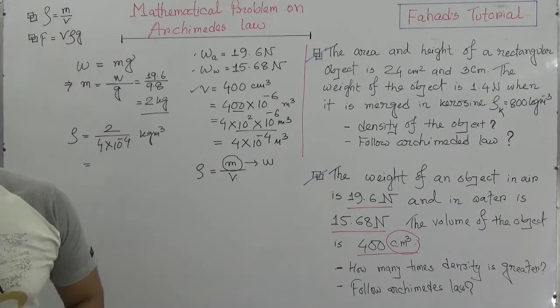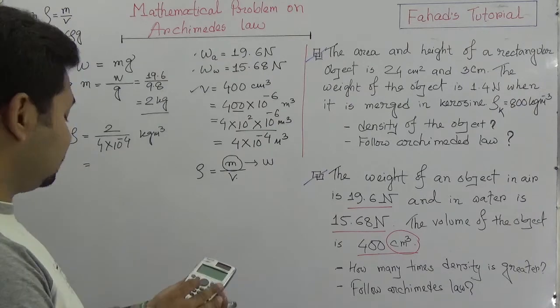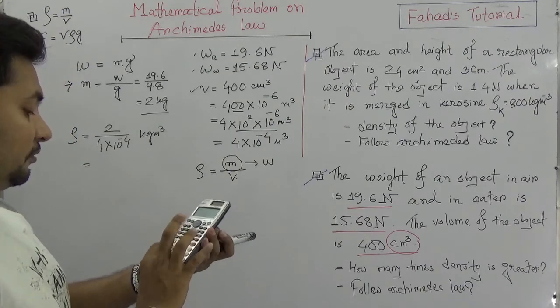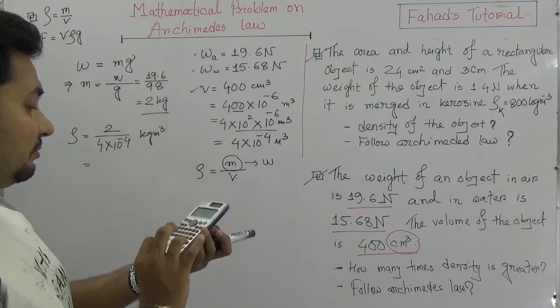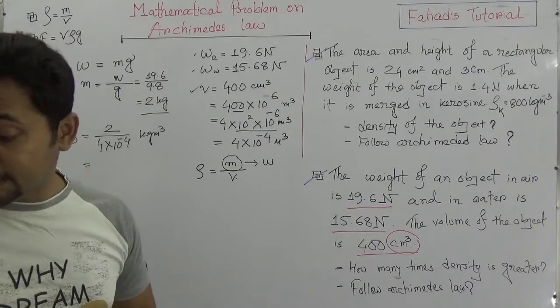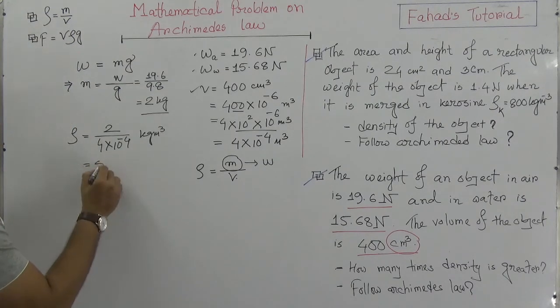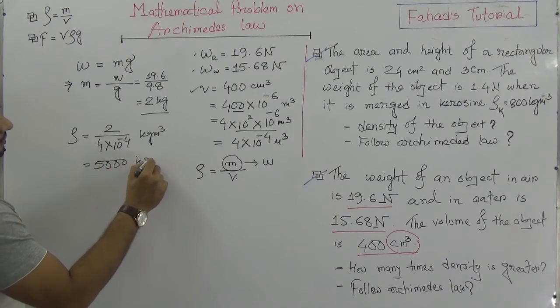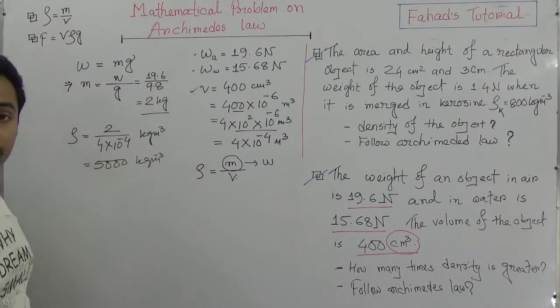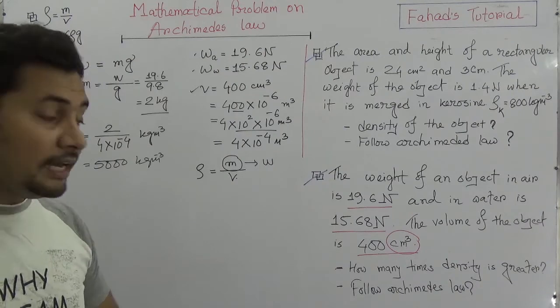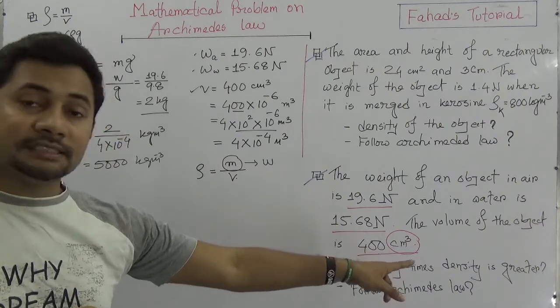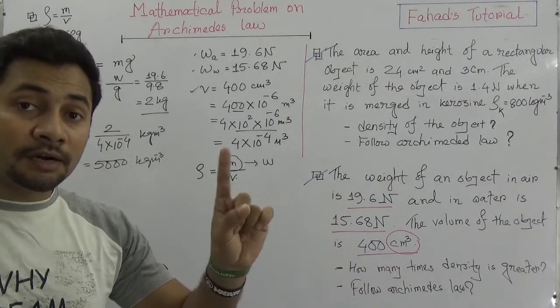If I divide 2 by 4 times 10 to the power minus 4, that is 5,000 kg per meter cube.